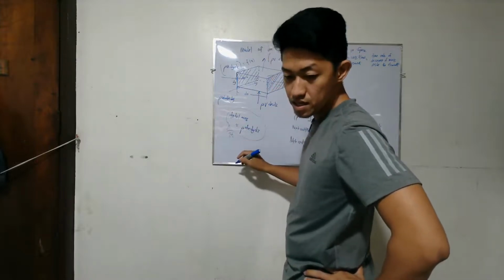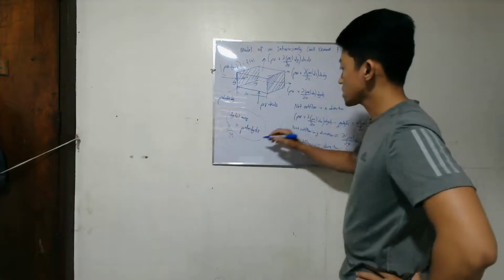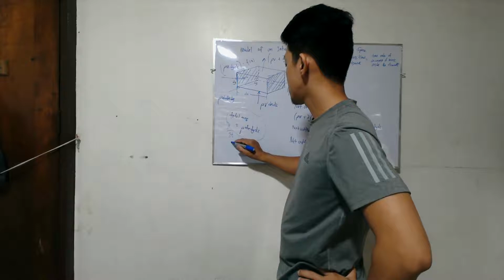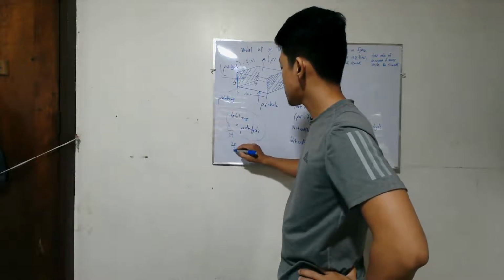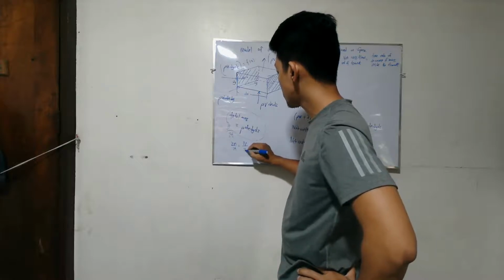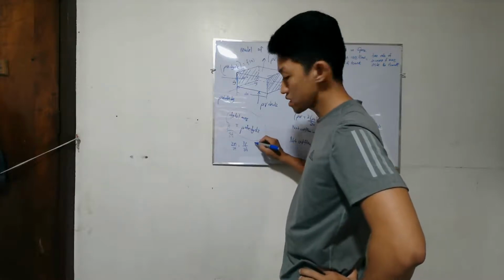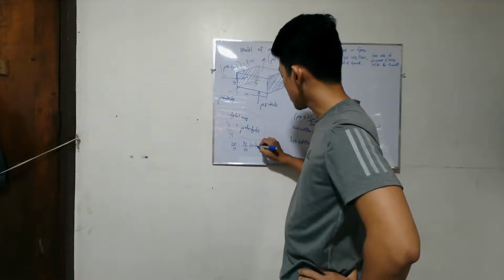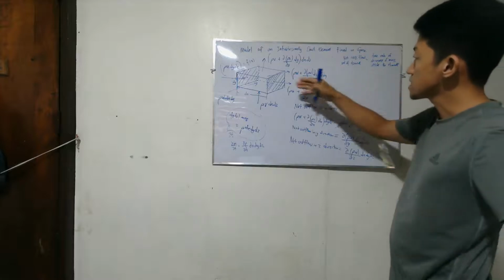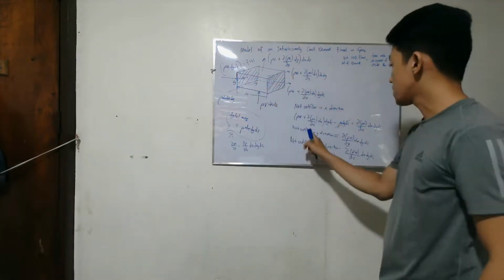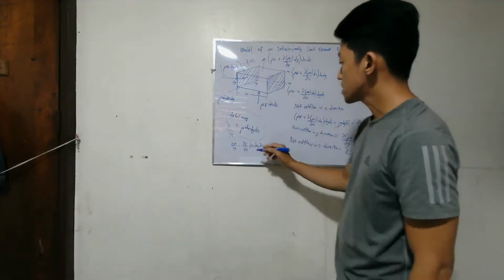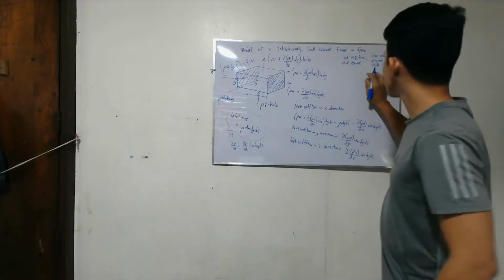So ang mahitabuan ni, the time rate of decrease will be change of mass is equal to partial of rho with respect to time, dx dy dz. And then since decrease man, siyempre nanggawas man, outflow man, so mo decrease ang mass inside the element, so you take the negative inig butang na to diri karon.